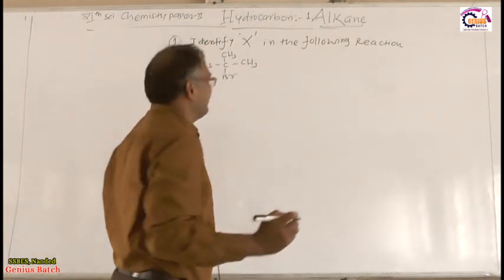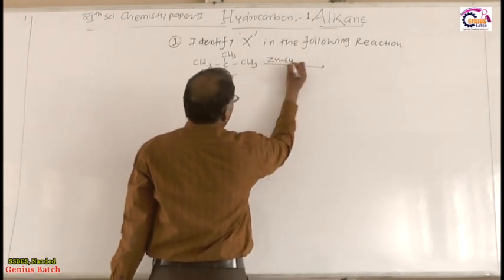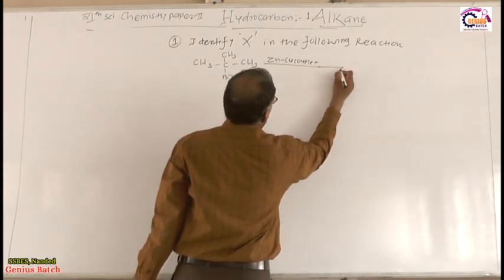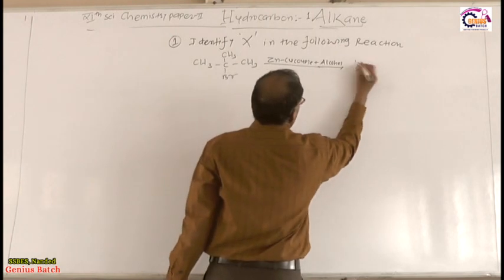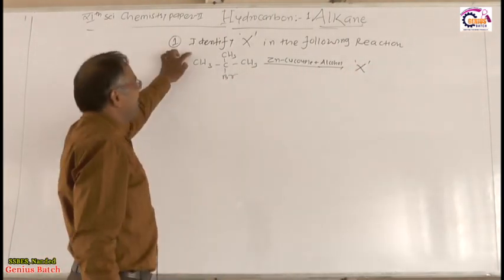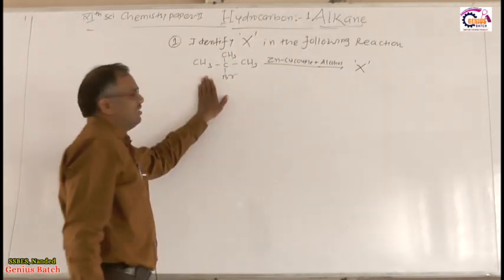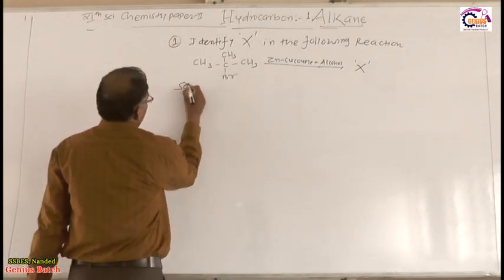Then here it is written zinc-copper couple plus alcohol. You have to find X. The question is like this: identify X in the following reaction. So this is the reaction. Then the solution.